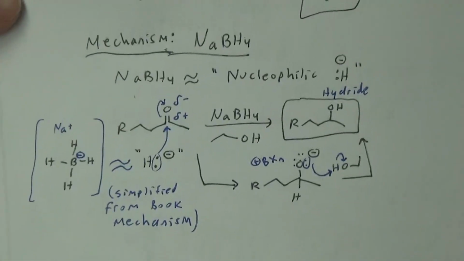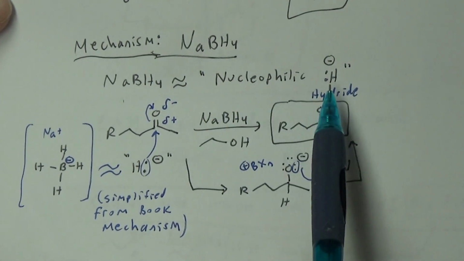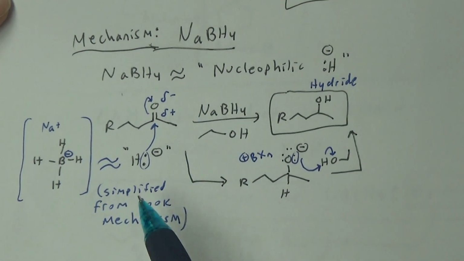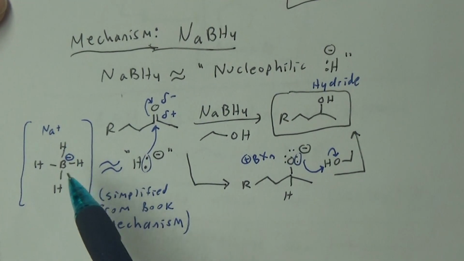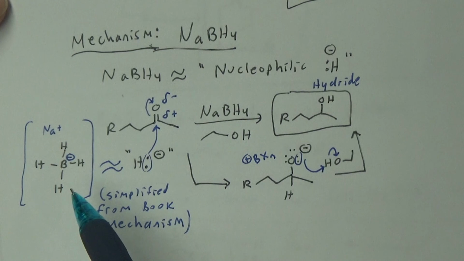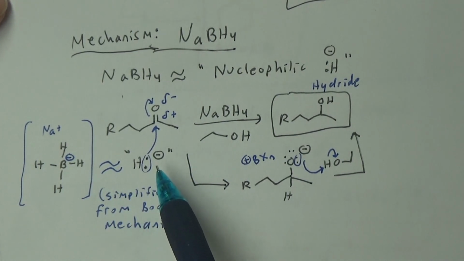And maybe the main thing is, mechanistically, how does this all work? NaBH4 is nucleophilic H-. I present a simplified mechanism where BH4- is essentially nucleophilic hydride.